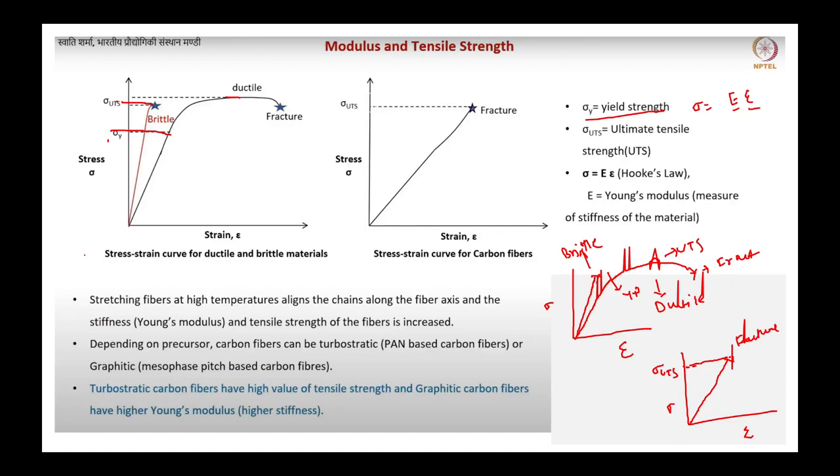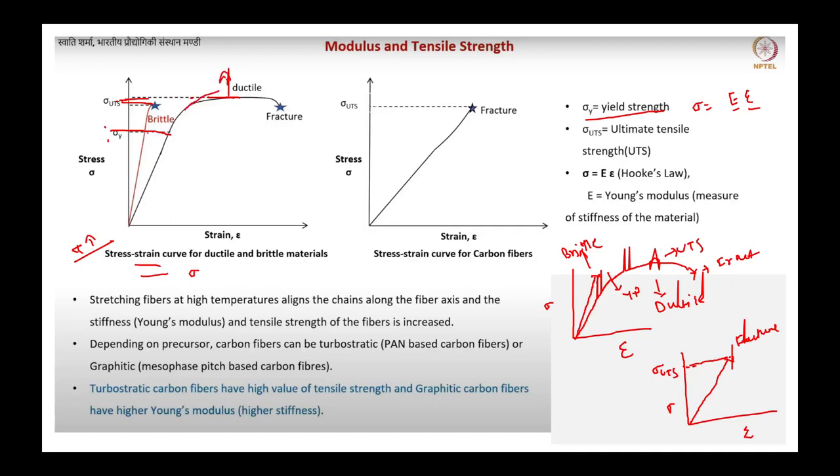Now, stretching the fibers, when you stress the fiber at a relatively high temperature, aligns the chains along the fiber axis, and the stiffness and tensile strength of the fiber is increased. So when you stress the fiber at high temperature, that aligns the chains along the fiber axis, and your Young modulus E and your tensile strength go up.